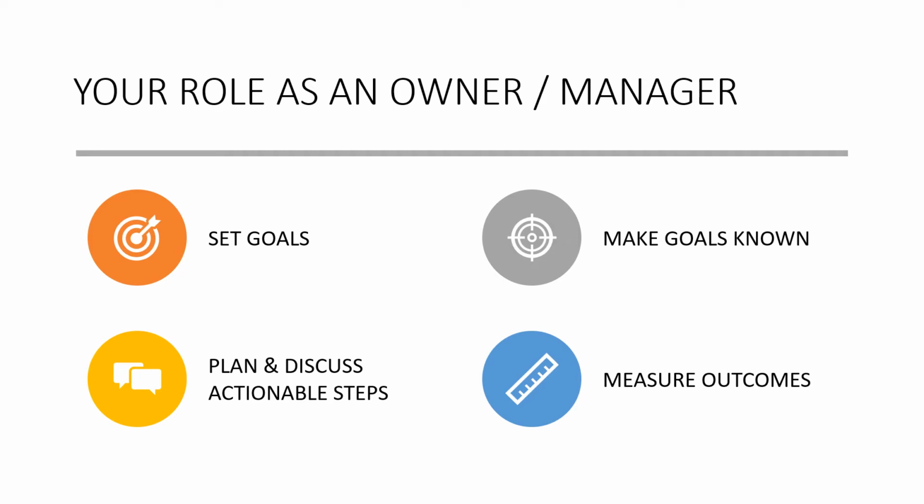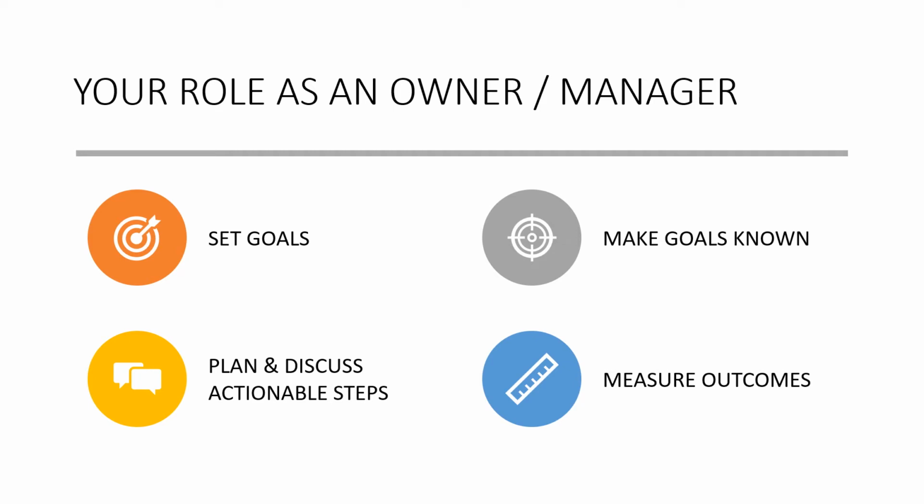Discuss this with whoever's doing the job for you. You have to make the goals known. Everyone needs to know. Every member of your team. I don't care, the receptionist, the janitor, everybody needs to understand what that major goal is for the month. And you also have to sit with your team and discuss what actionable steps are going to be needed to get there.